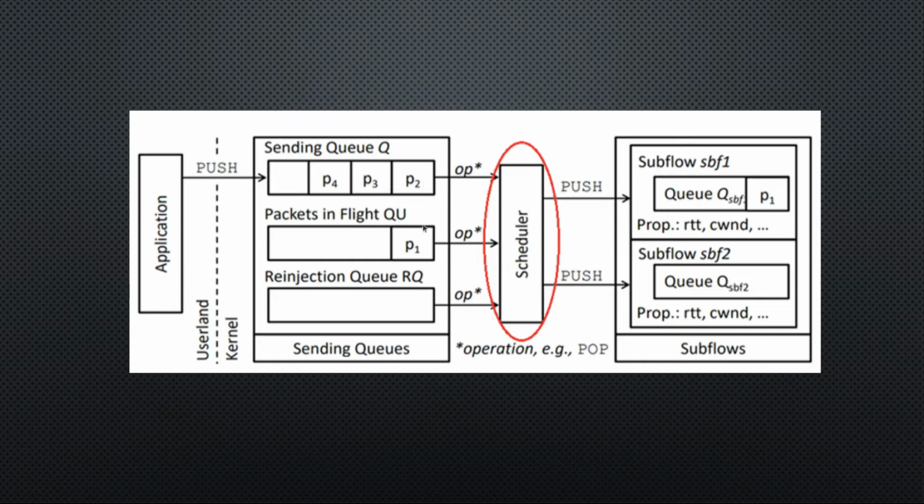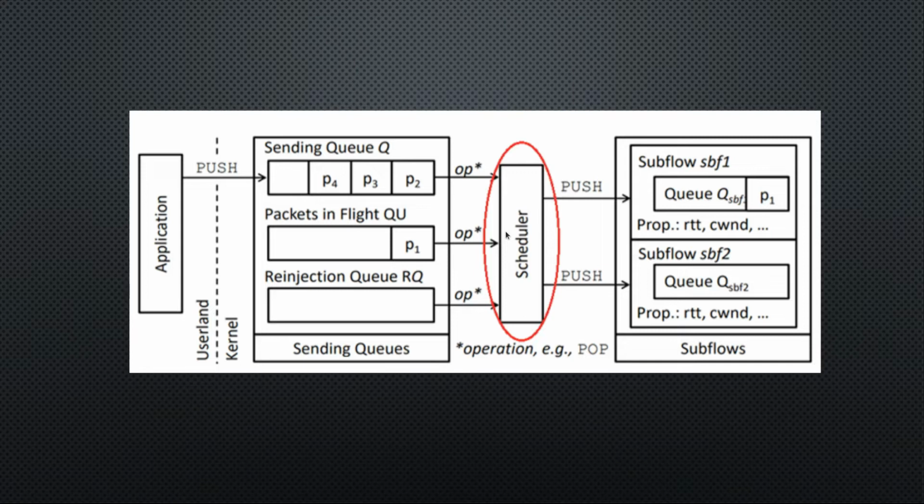Then when P2 is arriving, again it checks, and it chooses the same subflow or the other one based on its strategy to send the packets. At the receiver, packets may be delivered out of order because the latency for the subflows can be different. So at the receiver, the packets are reordered and delivered to the application layer. Okay, so the responsibility of the scheduler is choosing the right subflow at the moment.